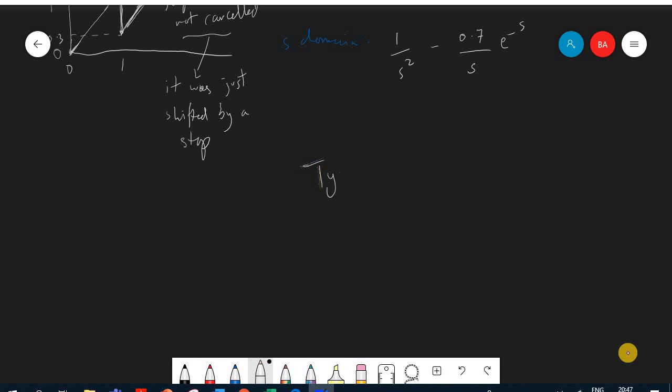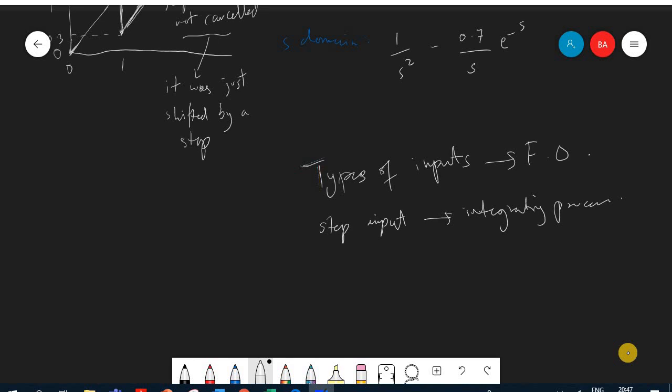Okay, so we have studied the types of inputs last time for first order. What we have taken today is a step input to an integrating process, and we also have studied a step input to a second order system.